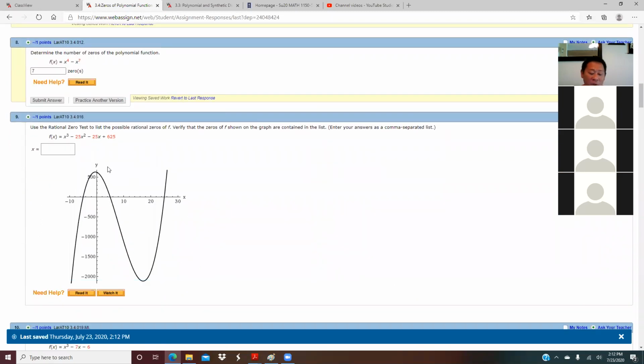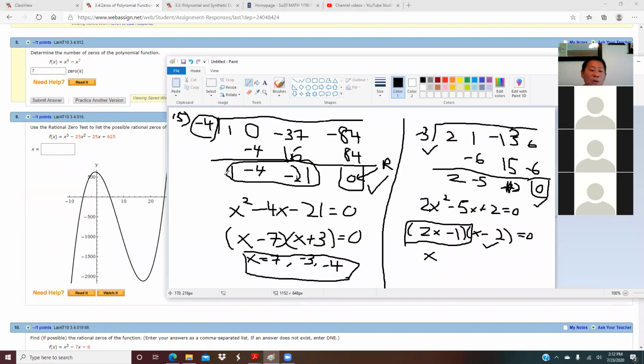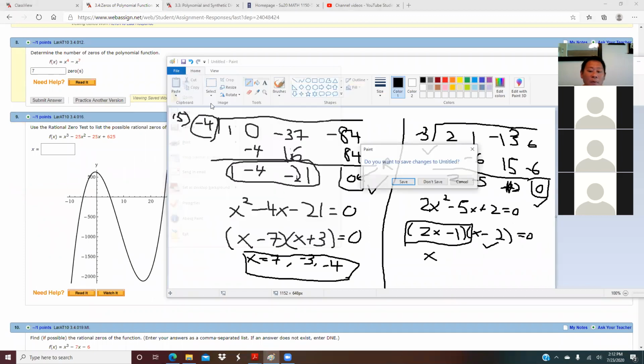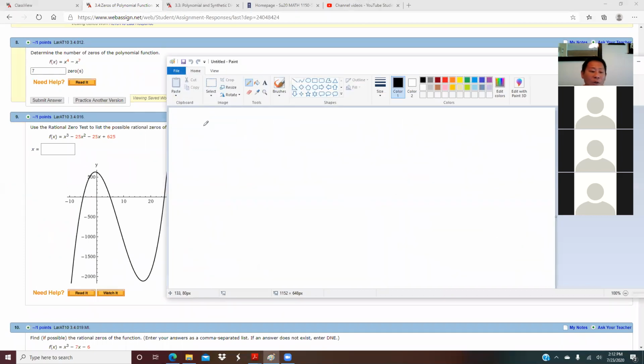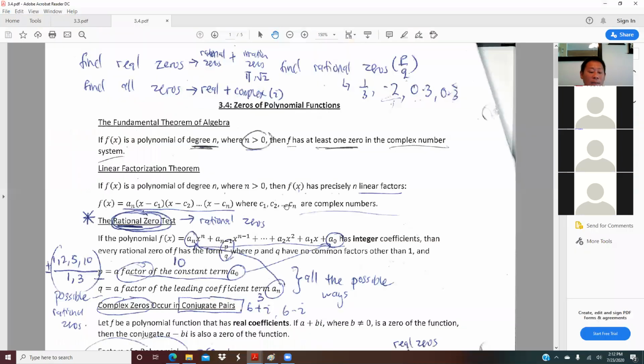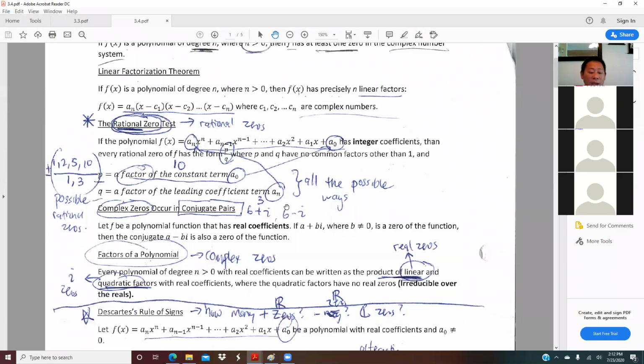Next is the rational zero test. This is super, super important. Okay, so what is the rational zero test? Pay attention. So how do we figure out the rational zero test? This is the formula for the rational zero test here.